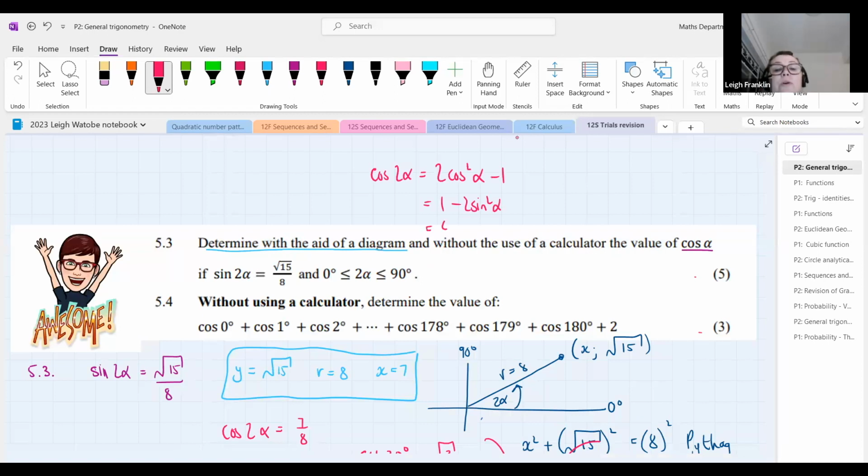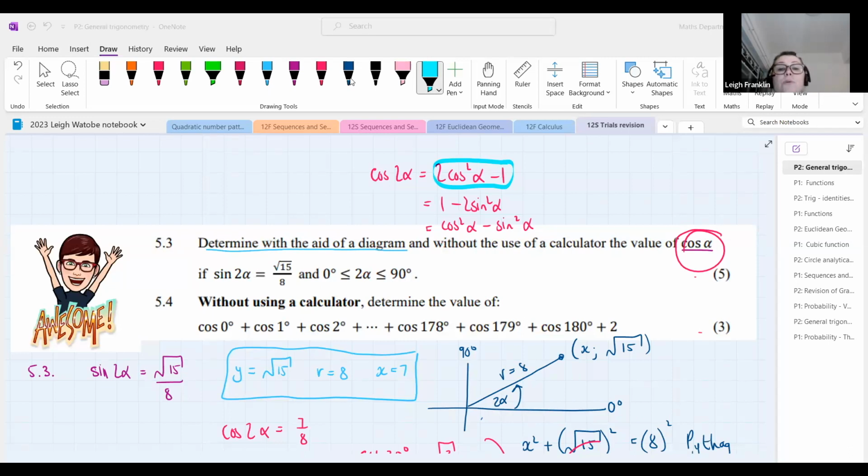Or we could have cos squared alpha minus sine squared alpha. We want cos alpha, not cos 2 alpha. So the only one of these three options that contains cos alpha, even though it's cos squared alpha, is the first one.